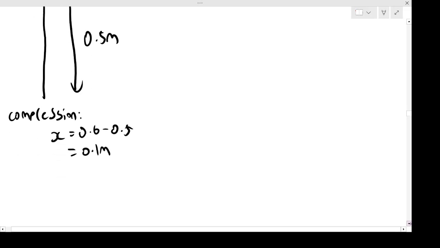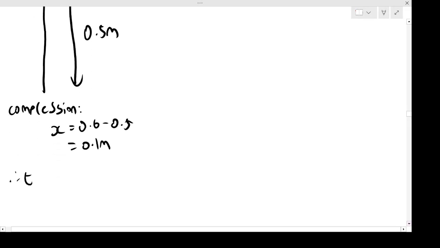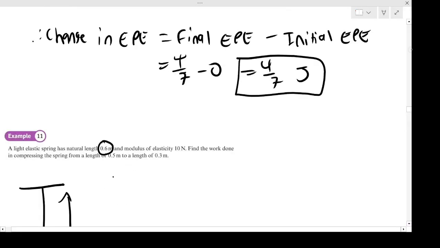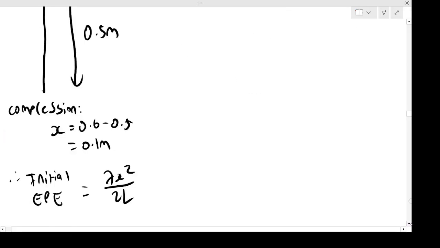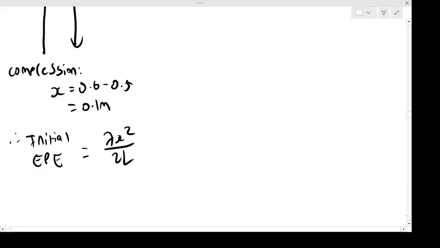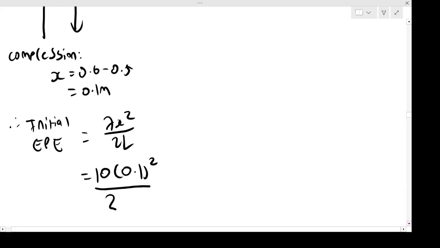Therefore, the elastic energy, the EPE in this case, which will be the initial EPE, well, that's going to be lambda x squared over 2L. Well, my modulus of elasticity is 10. So that's going to be 10 lots of the compression, 0.1 all squared, over 2 lots of the natural length, which is 0.6.